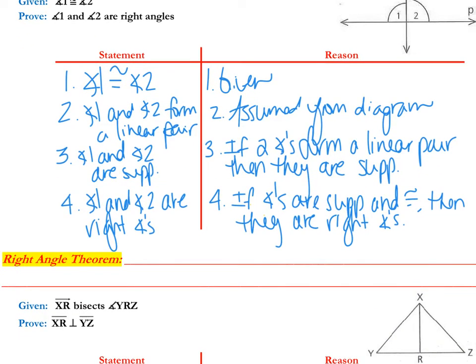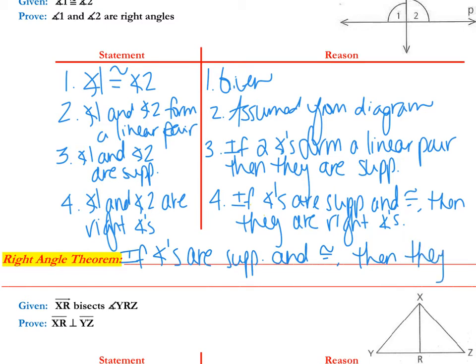Okay? So let's go ahead and write that out in our right angle theorem. So if angles are supplementary and congruent, then they are right angles. Okay? So that is known as the right angle theorem.